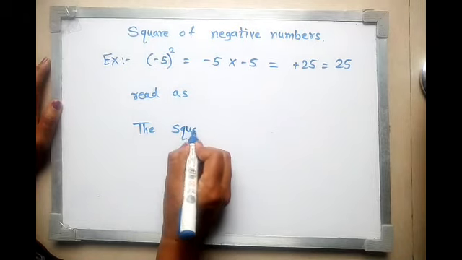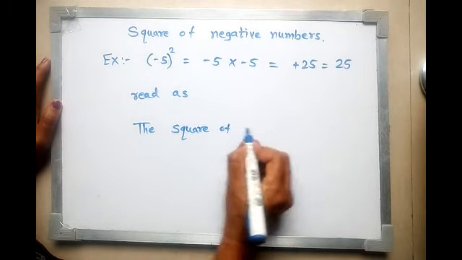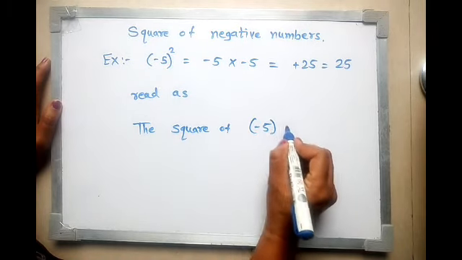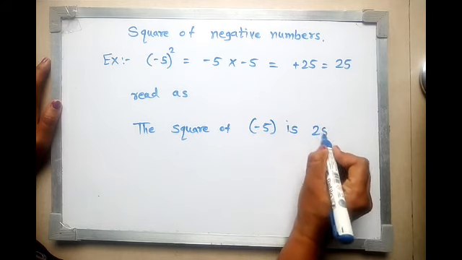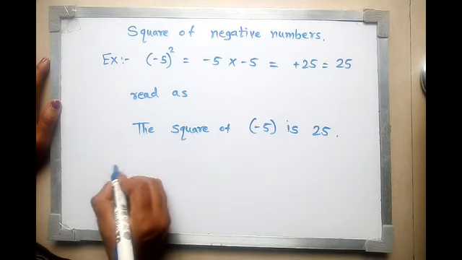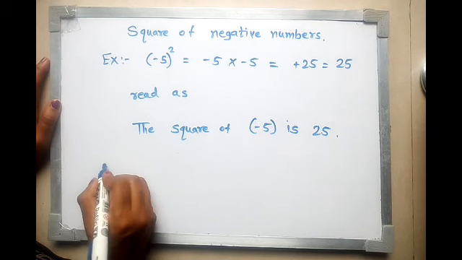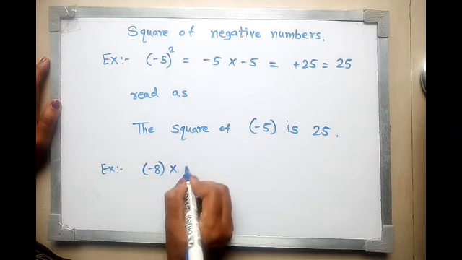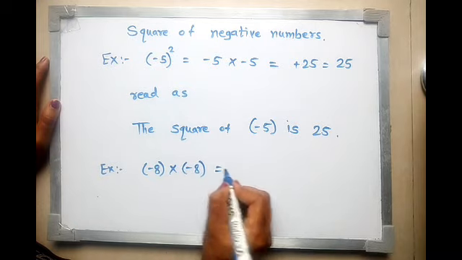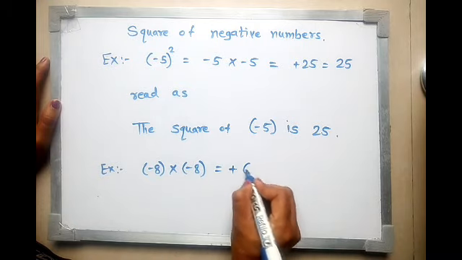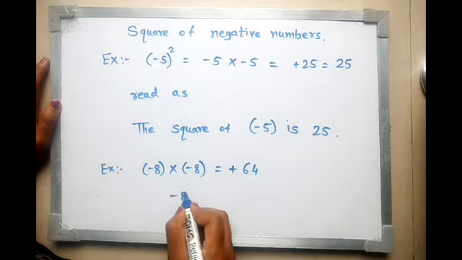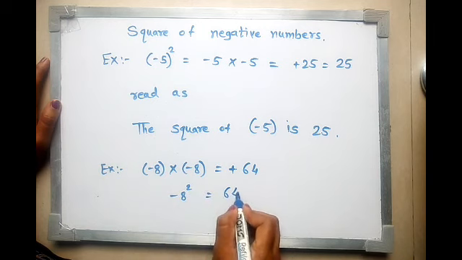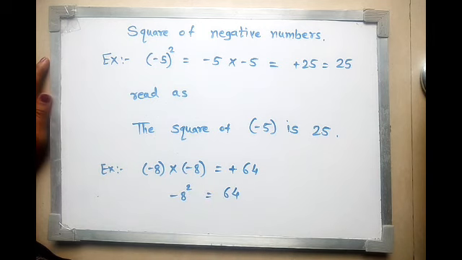Read as the square of minus 5 is 25. Next example, minus 8 into minus 8, two negative numbers multiply to give positive 64. Minus 8 square is equal to 64.